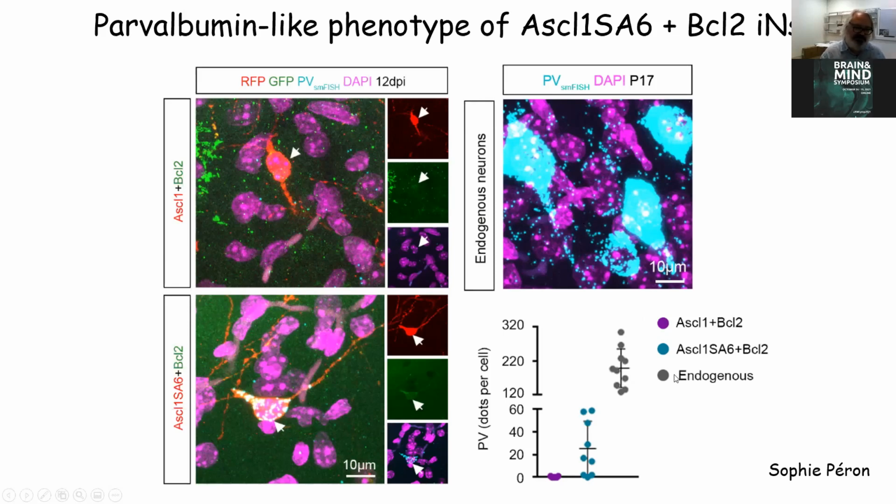So this suggests that our cells do acquire some of the hallmarks and features of PV interneurons, but we shouldn't equate them, and we should really avoid the danger of pretending that we have found a way that results in a parvalbumin interneuron. But what is interesting is that the strategy that we use is capable of activating some of the modules that are required or probably participating in the endogenous generation of PV neurons as well.